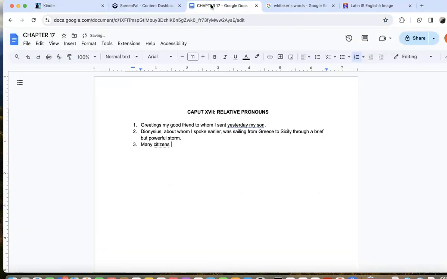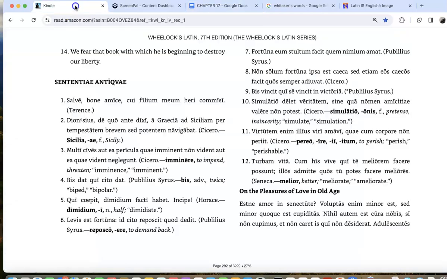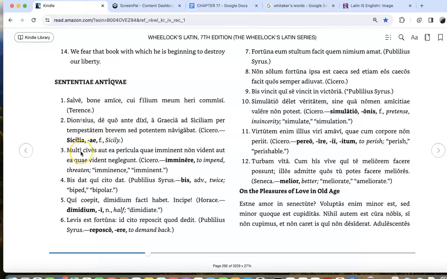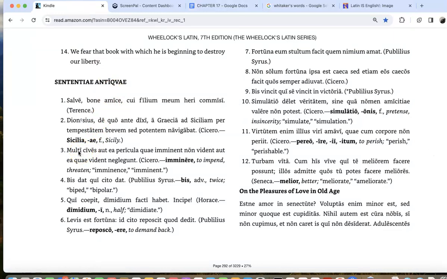So many citizens either do not. This one is a little bit longer. Once again, you could probably change the word order, but it still needs to be correct syntactically and in terms of tenses and cases.